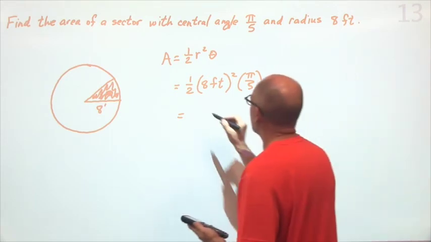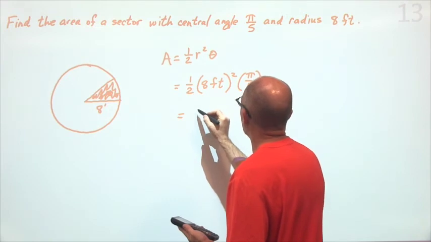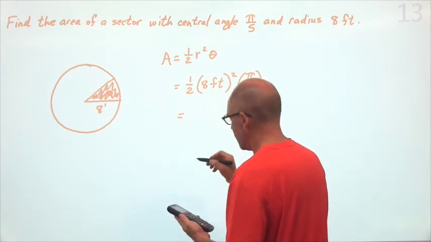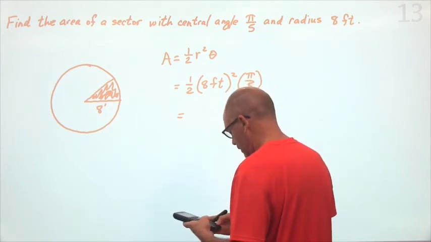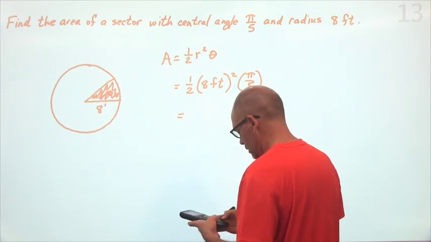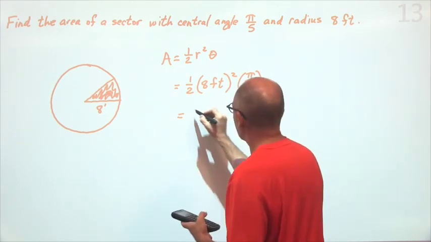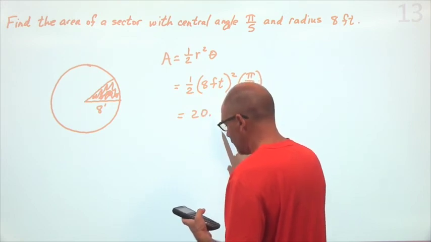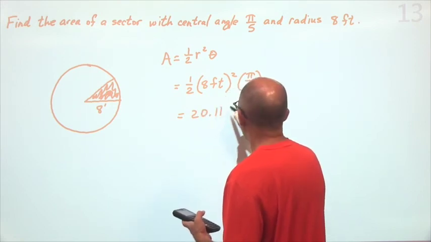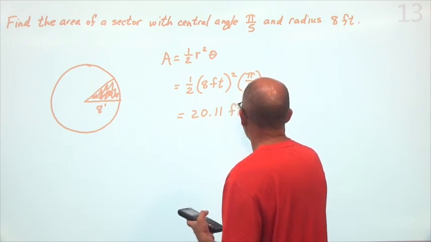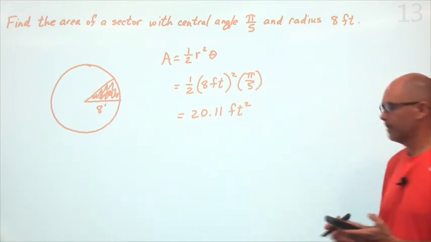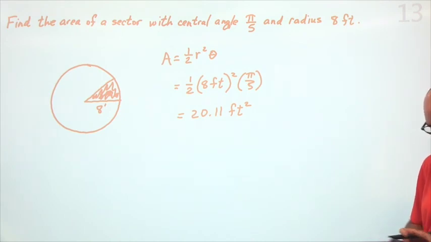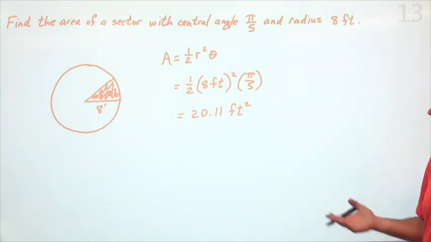So it ends up being 6.4 pi square feet. And yeah, we'll just multiply that out. 6.4 times pi is 20.106. So 20.11 square feet. That's it, piece of cake.